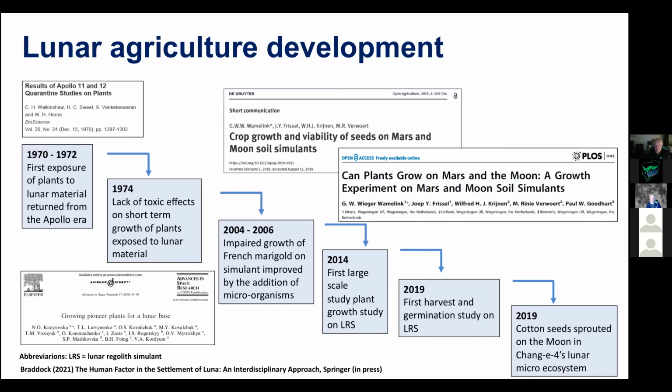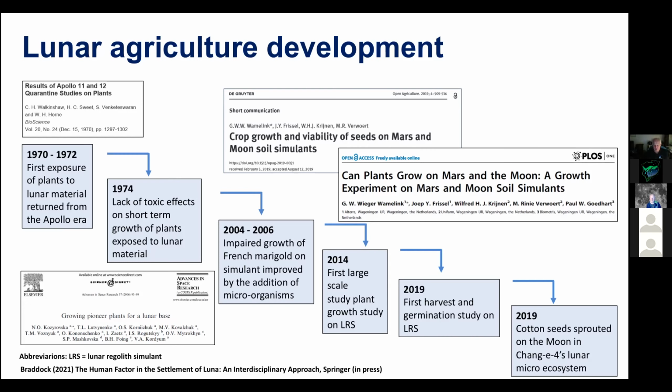So moving on to 2004, there were some very nice studies conducted with simulants, now starting to look at what it would really take to grow plants on Mars and the moon, with a view to colonization for the future. I do have something on Mars in a moment.